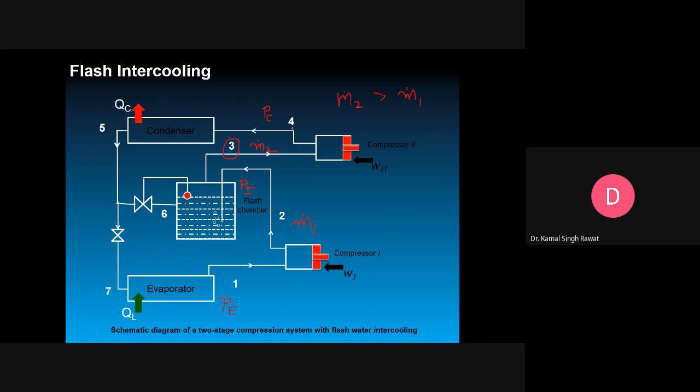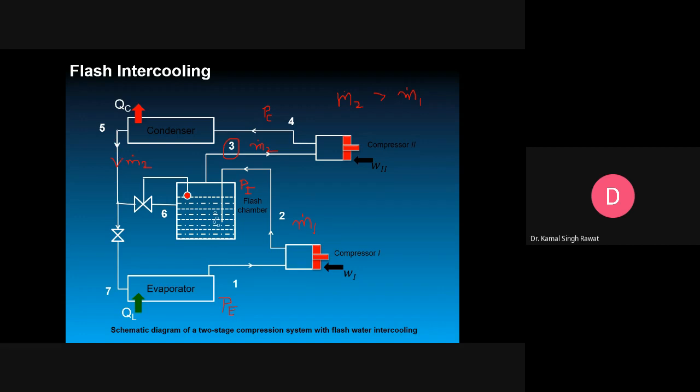At point 4, we again have superheated vapor. This vapor enters the condenser, where QC amount of heat is rejected, and the vapor converts into saturated liquid. So at point 5, we have saturated liquid, with a mass flow rate of m dot 2.